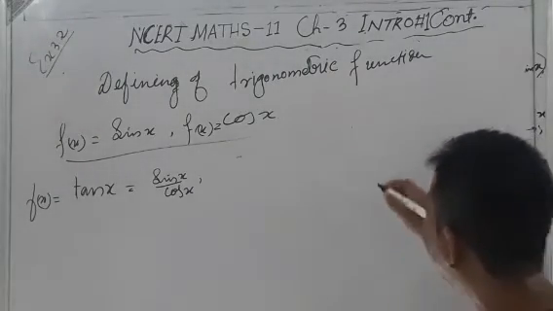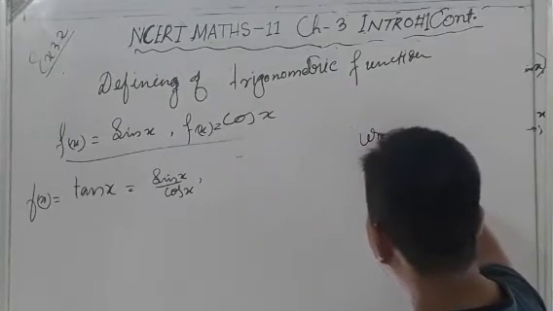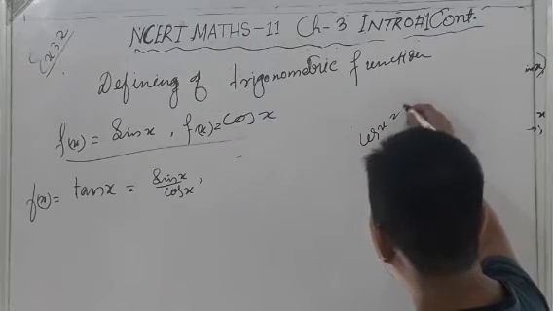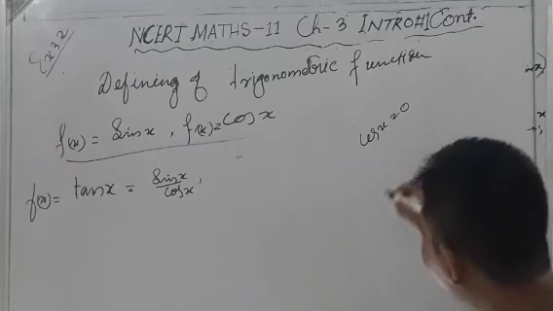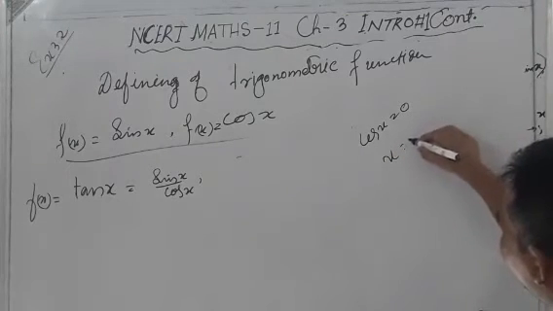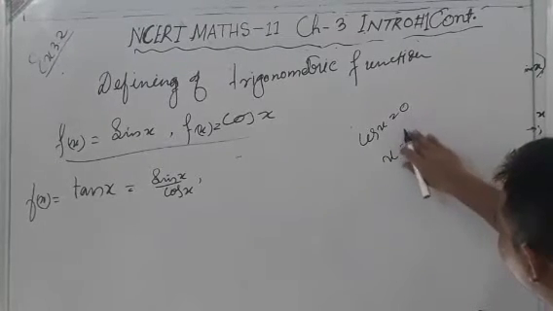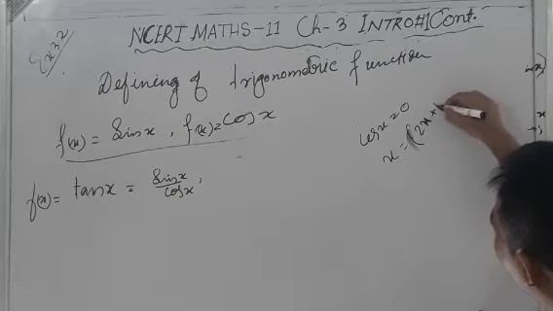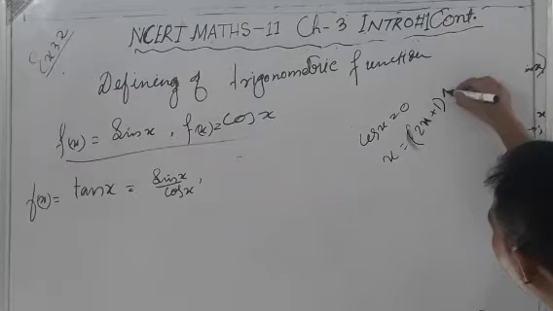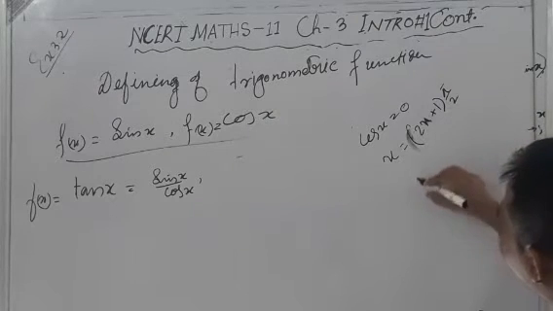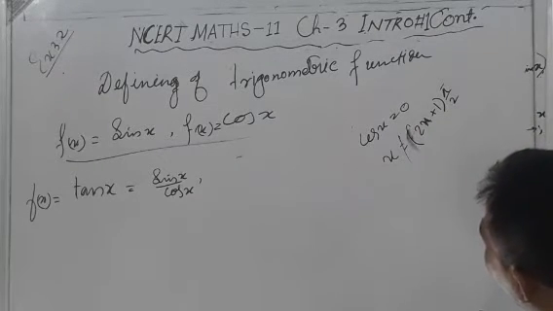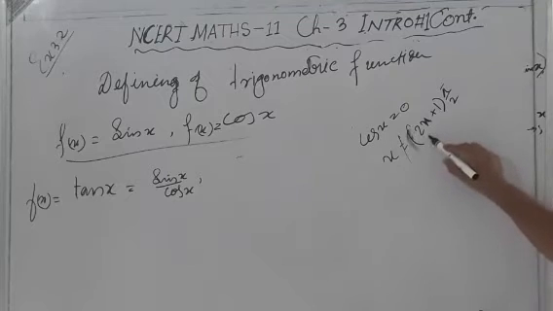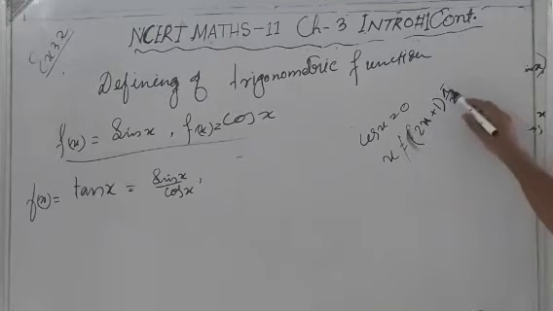We have studied that cos x equals 0 when x equals 2n plus 1 times pi by 2.